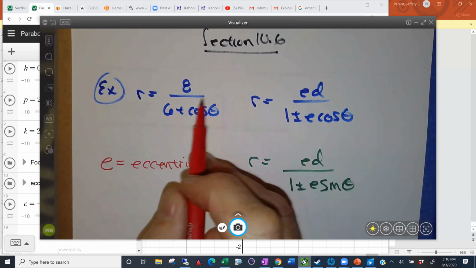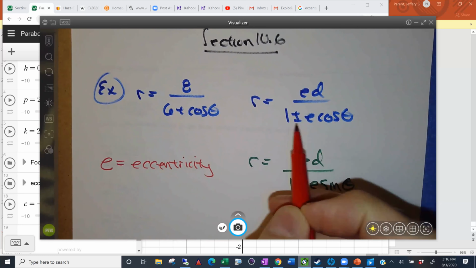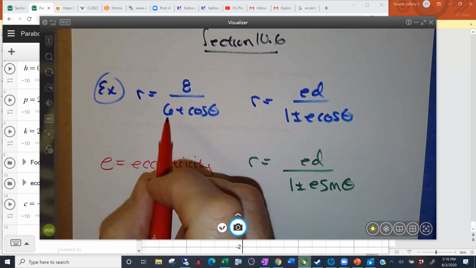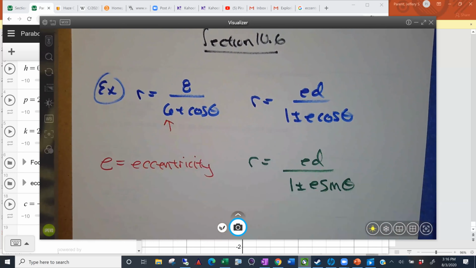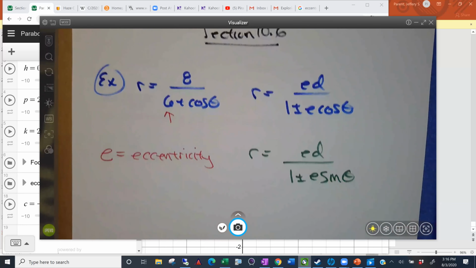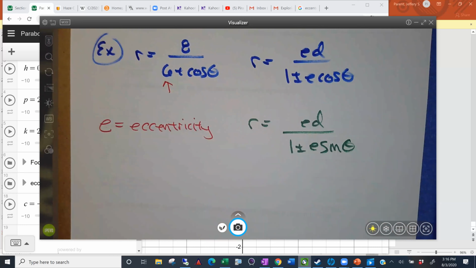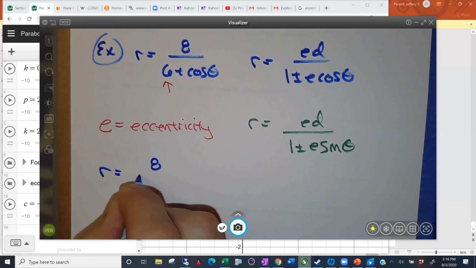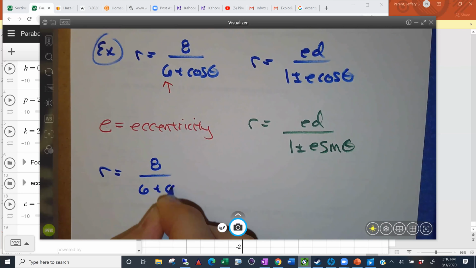Now, in order to try and make sense of this and determine all of this stuff, the first thing I'm going to do is I need to make this a 1, just so that it lines up pretty nice with these formulas. So we'll do that. R equals 8 over 6 plus cosine of theta.